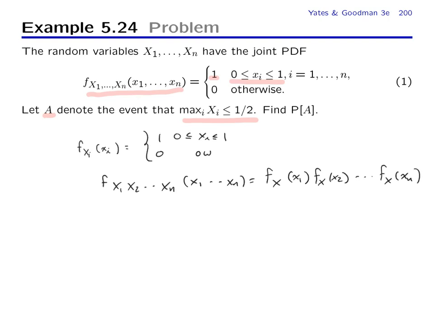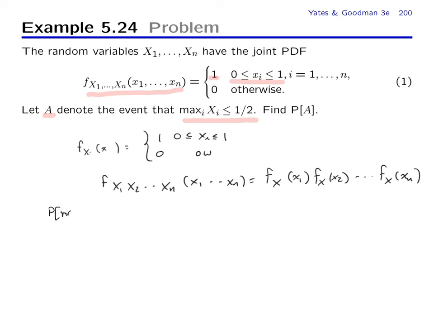And now I see I should have gone back and erased this subscript i, right? Because in fact, every xi has the PDF fx of x. So once you realize this fact, the rest of the problem is simple.